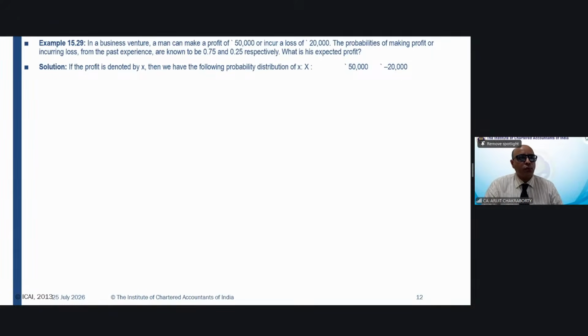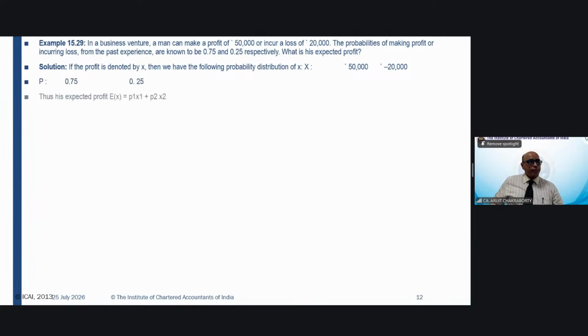The question is, what is his expected profit? Now, he can either get a profit of 50,000 or incur a loss of 20,000. The corresponding probability of profit is 0.75 and the corresponding probability of incurring a loss is 0.25. Please see the values given in the question.